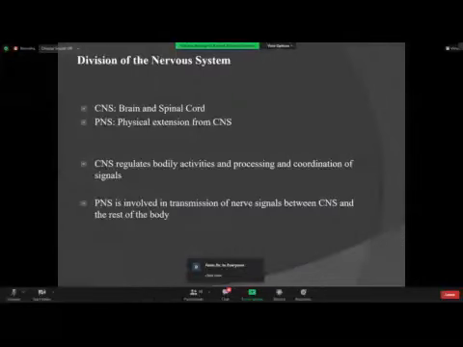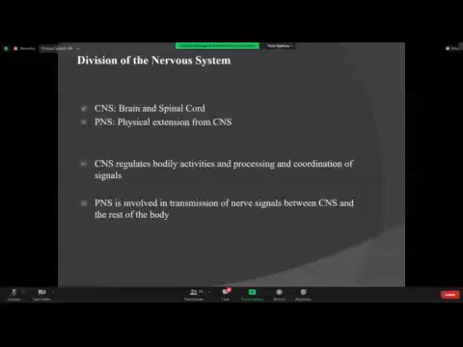Today, as I briefly mentioned earlier, the brain is the most important organ of the body, and it is the organ that requires the most energy from the body. The whole nervous system is divided into two parts: the central nervous system and the peripheral nervous system.